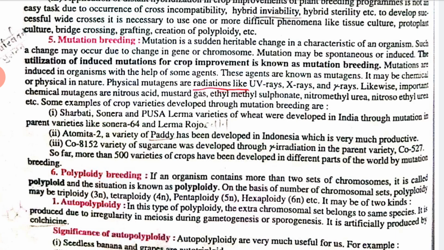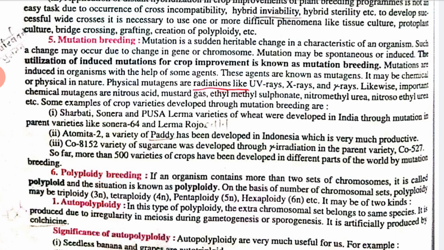On the basis of the number of chromosome sets, it may be triploid, tetraploid, pentaploid, or hexaploid.